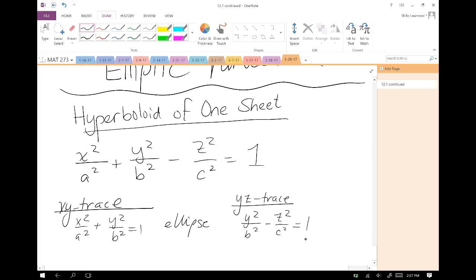It's the format for an ellipse, but the addition got changed to subtraction. It's a hyperbola. And one thing that we have to add to our description is what direction it opens. That's also extremely important. Hyperbolas open in the direction of the positive variable.